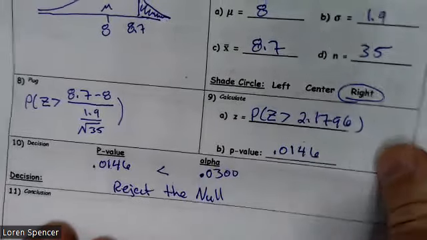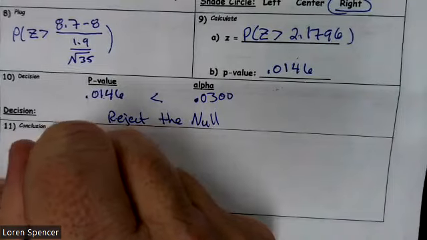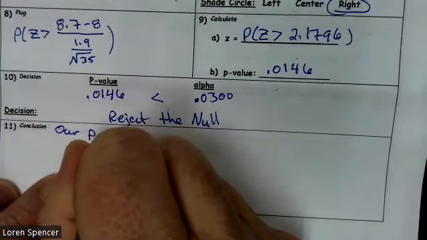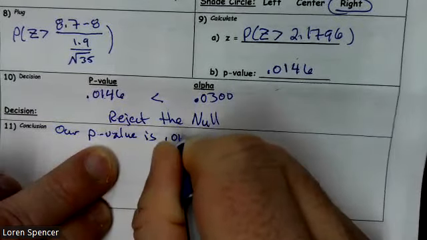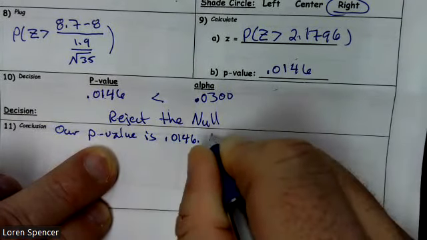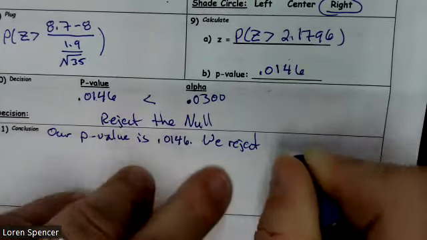And then we need to write our conclusion. Our p-value is 0.0146. We reject the null.